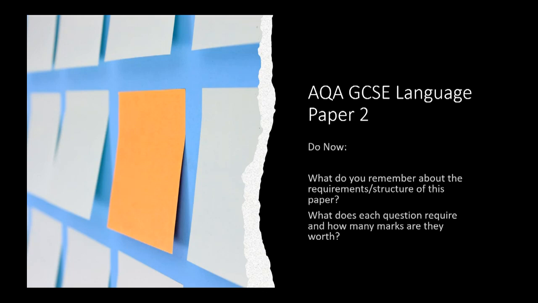Okay, so this is an activity that I've done with my groups, and it's always interesting because although we've talked about these exams now for quite a long time, if you're in year 11, certainly, what students tend to do is become overwhelmed. There's so many different things going on. They've got other subjects, of course, as well that take their time and attention, and English teachers maybe sometimes forget that.